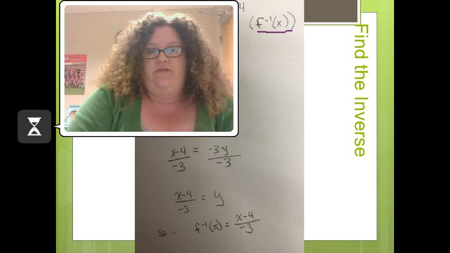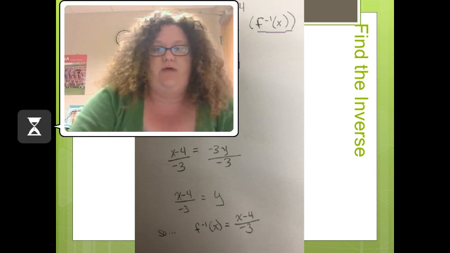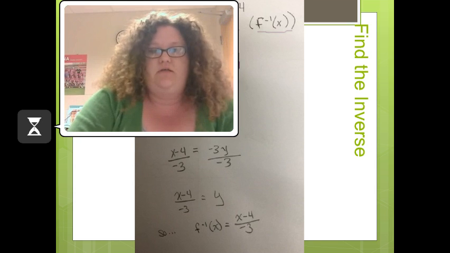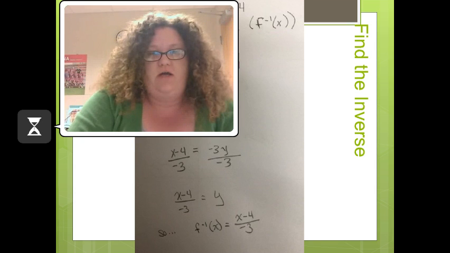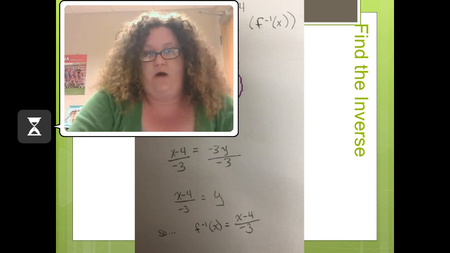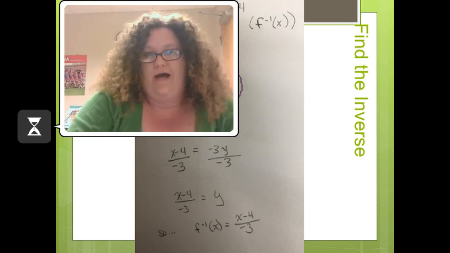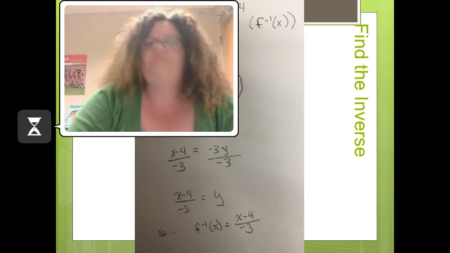We start with our original function, and I have replaced the f of x with a y, so we can switch that x and that y. Then I switched them: where the y was is now an x, and where the x was, there's now a y. The whole goal now is to solve for y and get y by itself again.